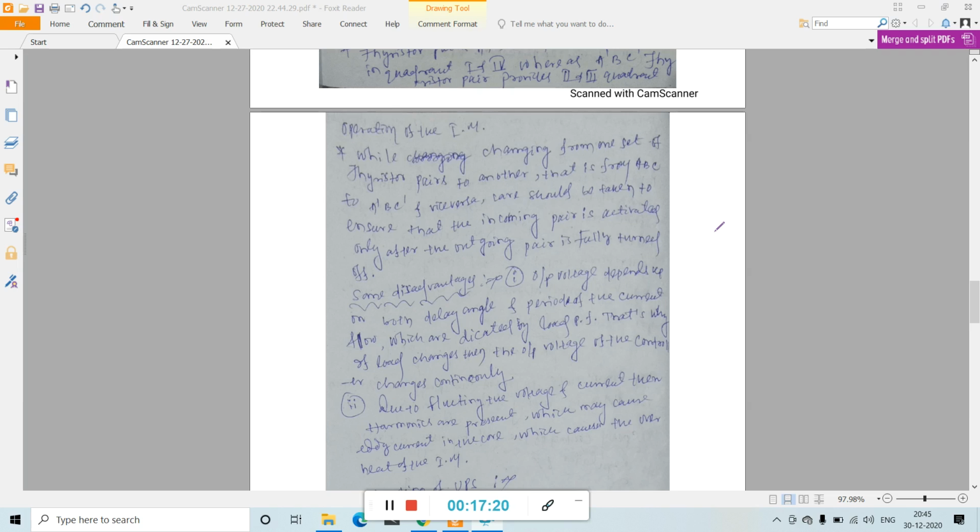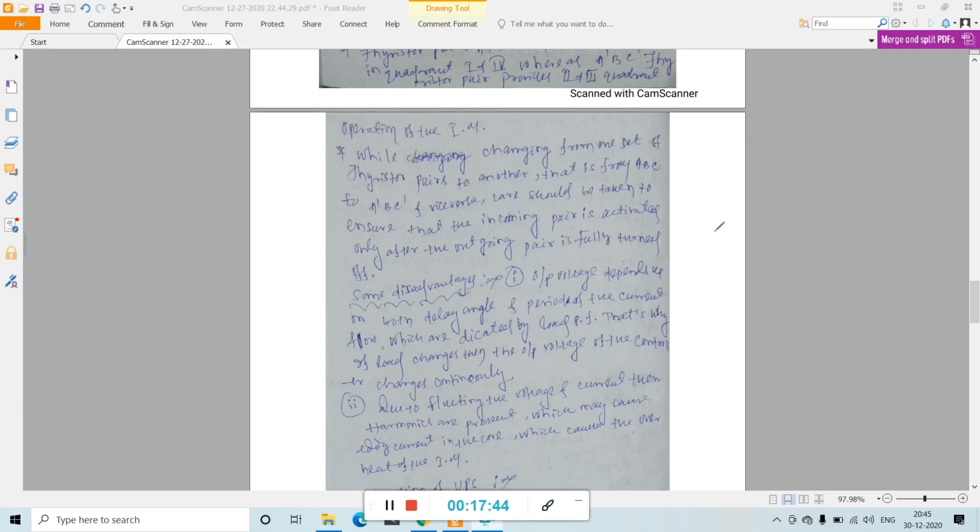The first one is that the output voltage depends upon both delay angle and period of the current flow, which are dictated by load power factor. That's why if load changes, the output voltage of the controller changes continuously.